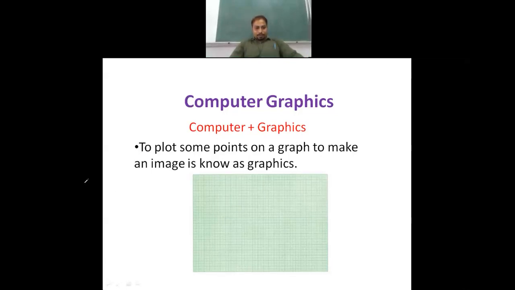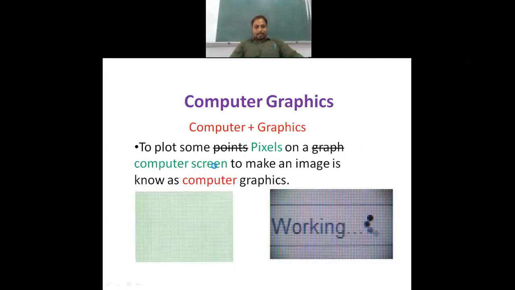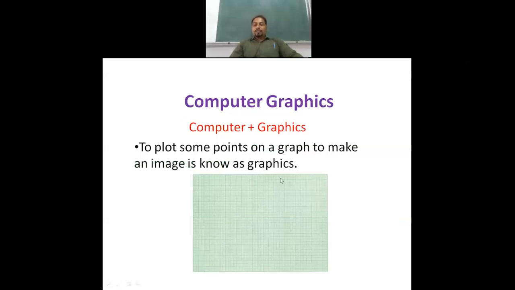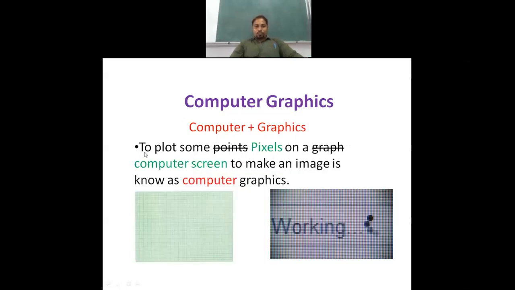I plot some points in this graph to make an image, so we call it graphics. So what is the meaning of computer graphics? We combine these two terms. To plot some points, here we replace the word points with pixels.